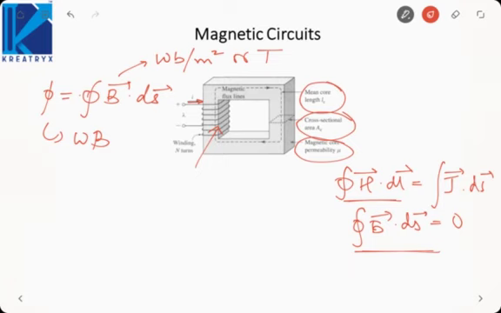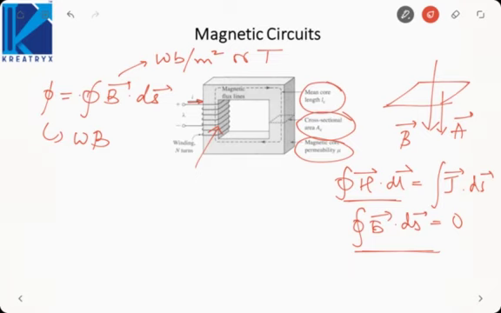Now, if we assume that the magnetic flux density is perpendicular to the cross-sectional area, it is in the same direction as the area vector. Remember, the area vector is always perpendicular to the area. So if this is my area vector and this is my magnetic field, the dot product would be B into A directly, because they are in the same direction.